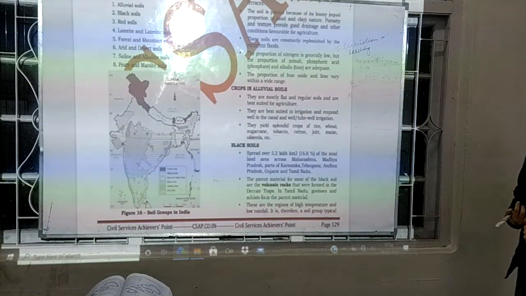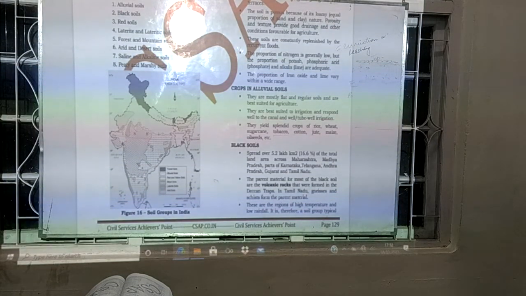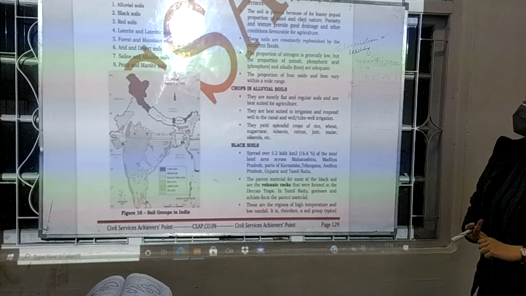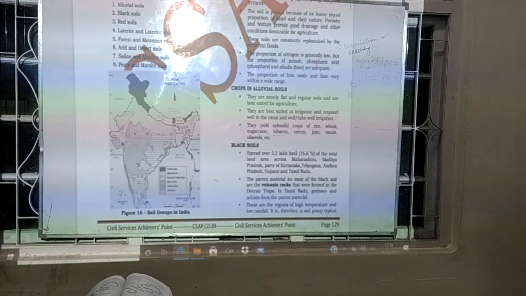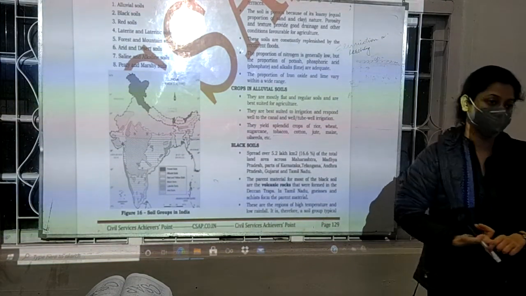Number 3 is? Number 4 is? Laterite or? Number 5 is? Number 6 is? Number 7 is? Number 8? Peaty and marshy soils. Okay.